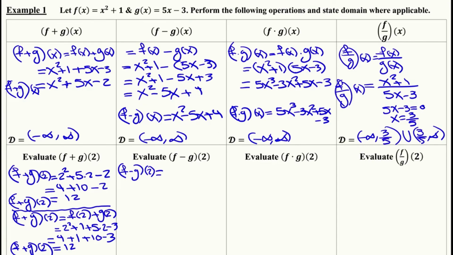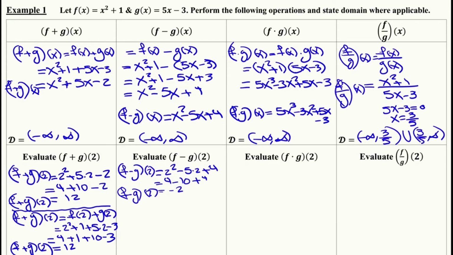So we get 2 squared minus 5 times 2 plus 4, which gives us 4 minus 10 plus 4. So that's basically 8 minus 10, which is negative 2. And that is f minus g of 2.